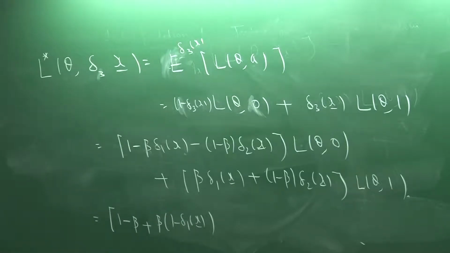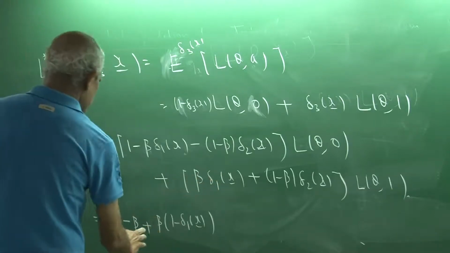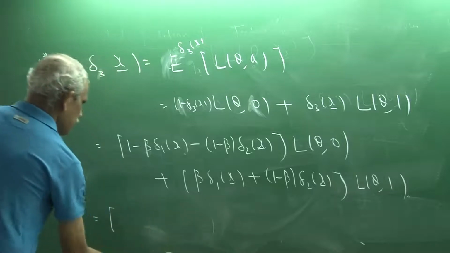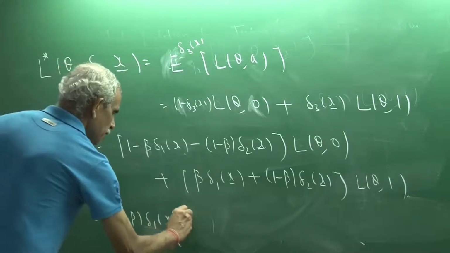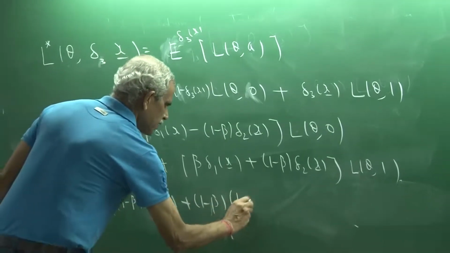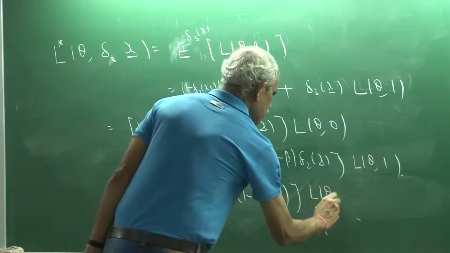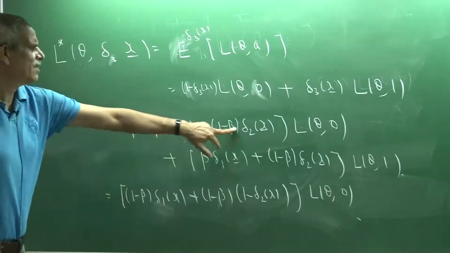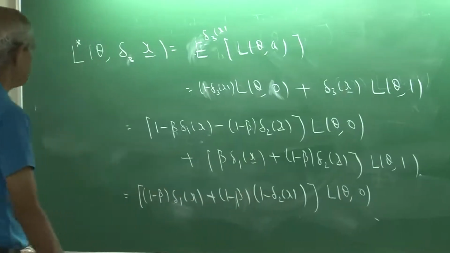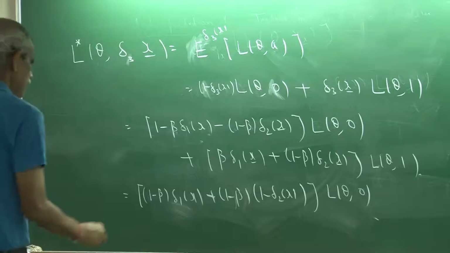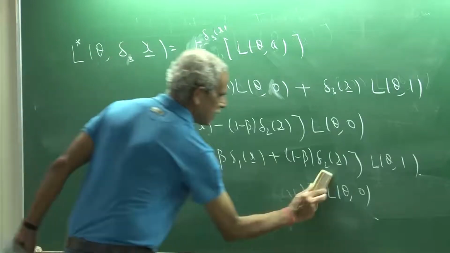So this is the same as beta times 1 minus delta 1x, and then 1 minus beta goes over there, so it becomes 1 minus beta times 1 minus delta 2x, times L theta 0. I've just written down the first term over here, everything in terms of 1 minus delta 1x.